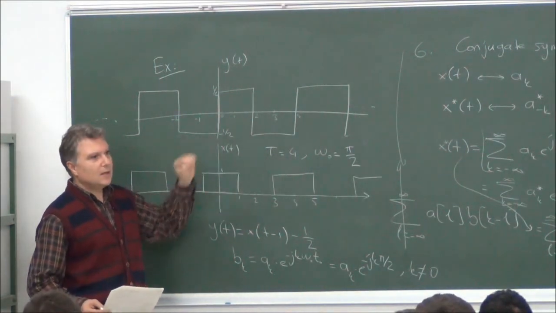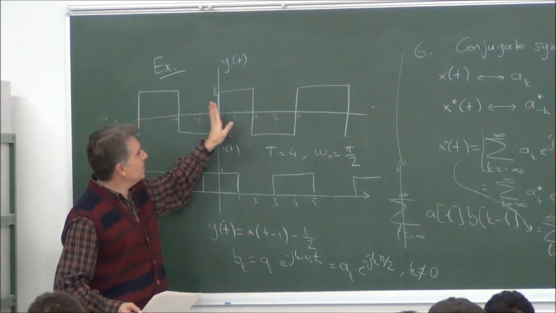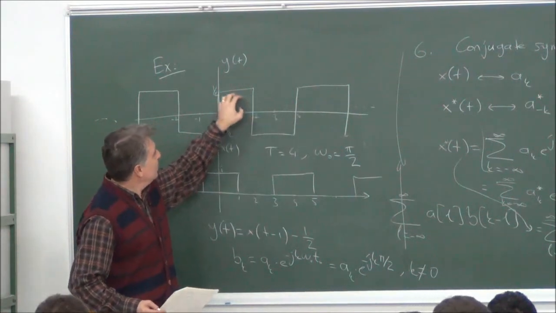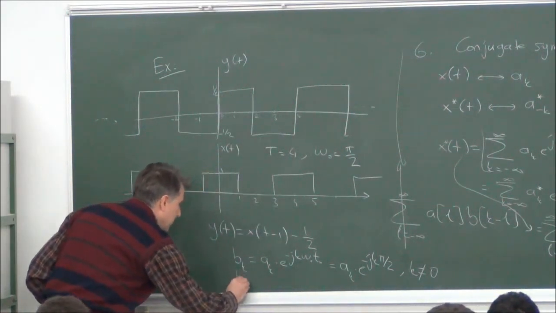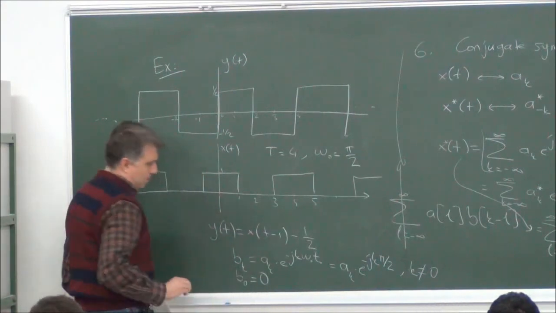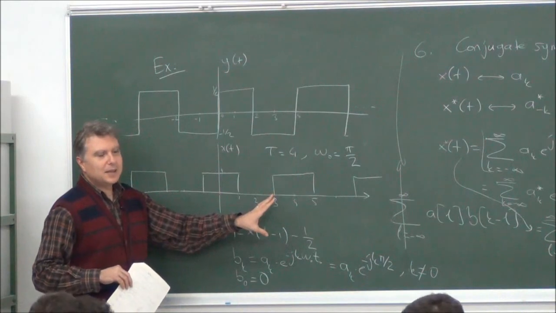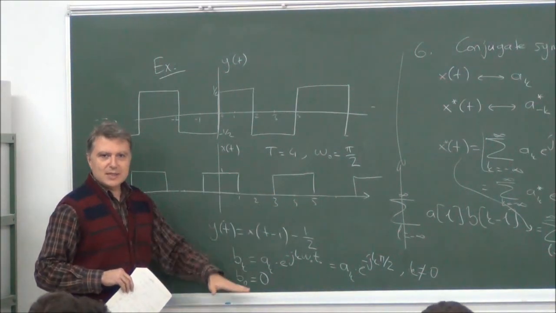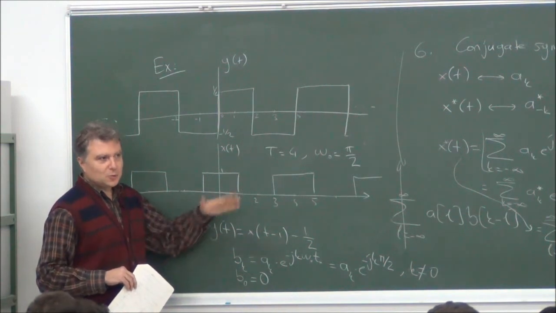Can't you see 0? Because the positives and negatives are balanced. If you integrate from 0 to 4, the positive and negatives will cancel each other, and you have to say that B0 is 0. So this minus 1 over 2 has that effect. It only pushes down the A0 from 1 over 2 to 0.